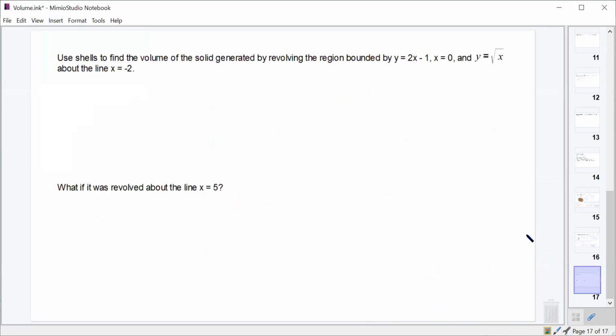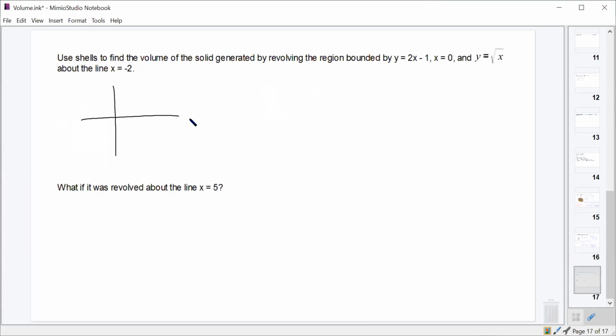All right, I think we'll just set these ones up and not actually evaluate them. We want to use shells to find the volume of the solid that's generated by revolving the region bounded by 2x minus 1, x equals 0, and root x around x equals -2. First we'll sketch what this looks like.